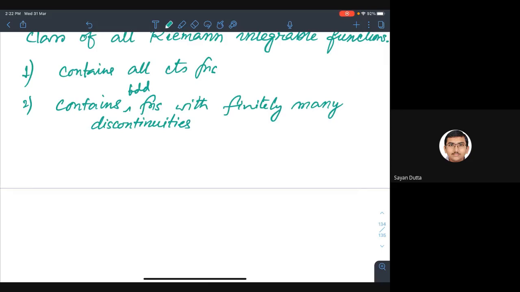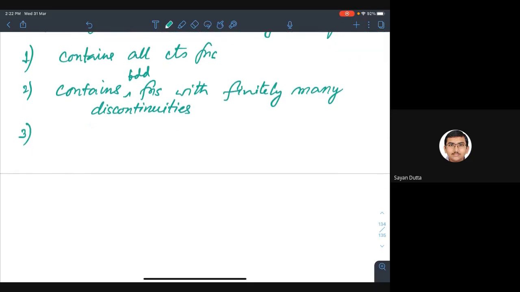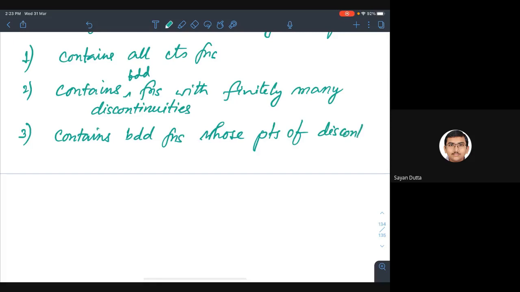All right. Third thing: it contains bounded functions whose points of discontinuities have finitely many limit points.